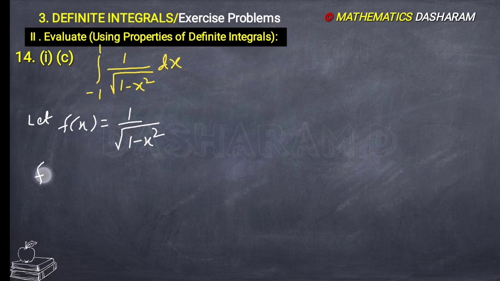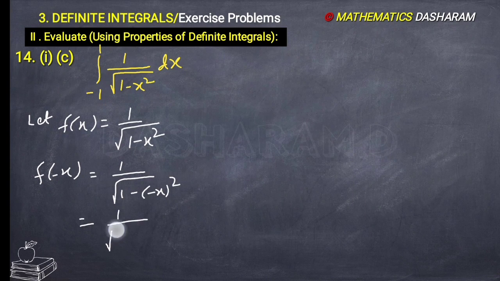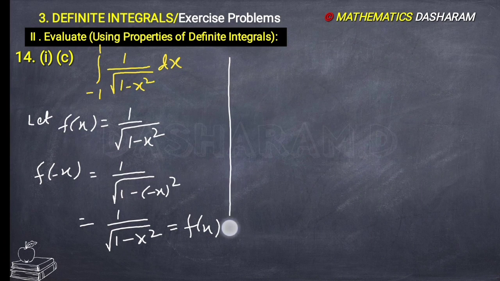Next, find the f of minus x value: 1 by under root 1 minus minus x whole square. So minus x whole square is plus x square. It is equal to f of x. So here f of minus x equals f of x, therefore f of x is an even function.